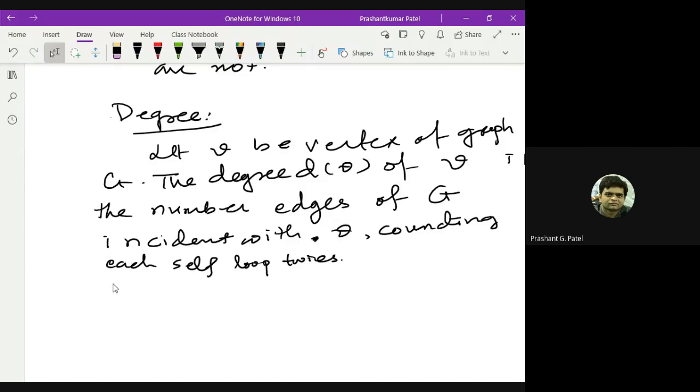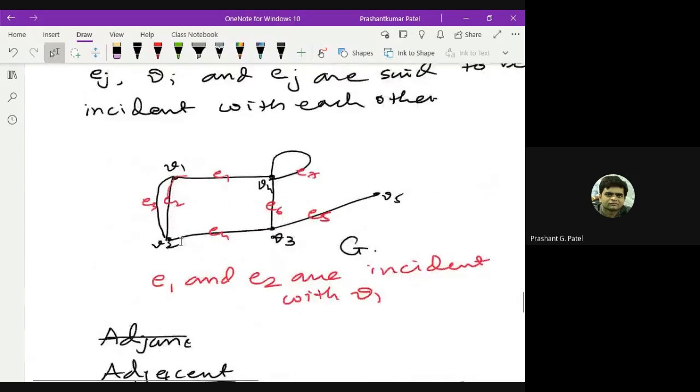Okay. For example, in the above graph, V2 is incident with 3 edges, E2, E3 and E4.